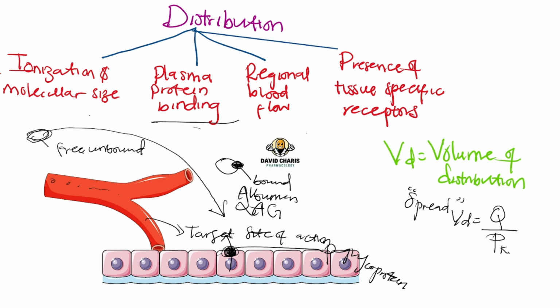The next PK parameter we are going to be looking at is metabolism, otherwise known as biotransformation. It is the conversion of a drug, or you can say the altering of a drug, from polar to non-polar, or from lipid soluble to water soluble, so it can be easily excreted.